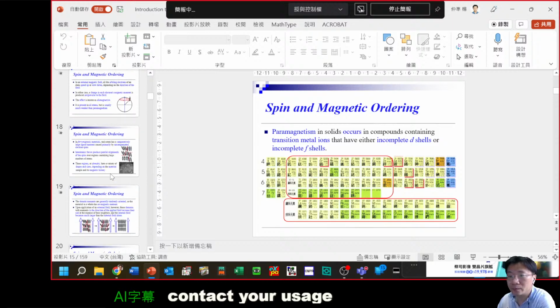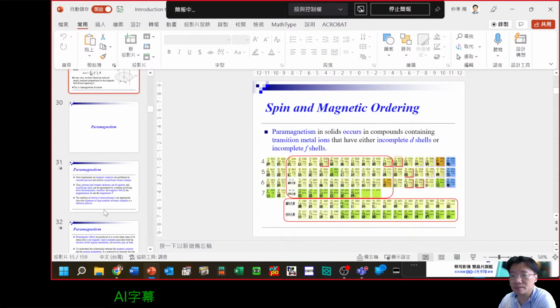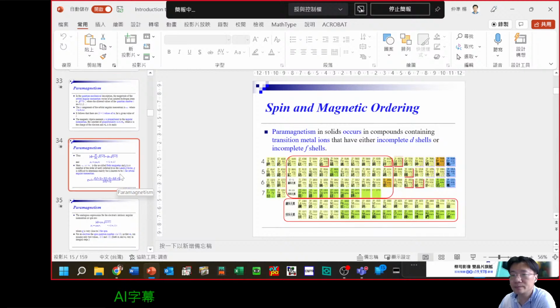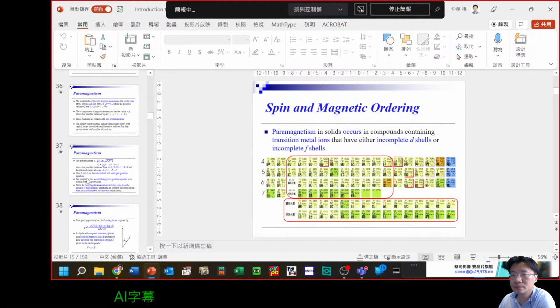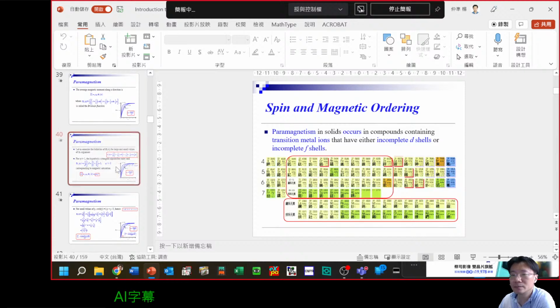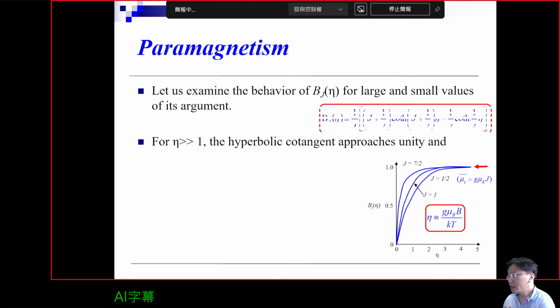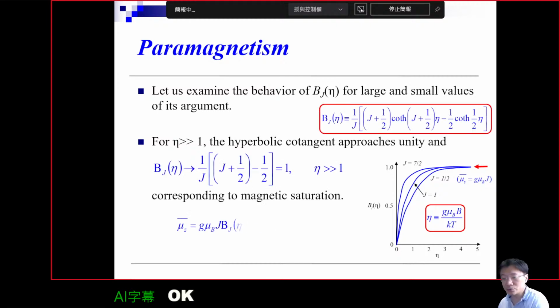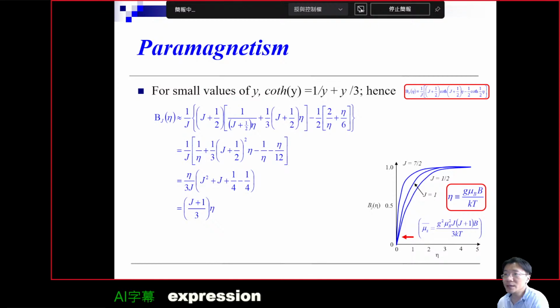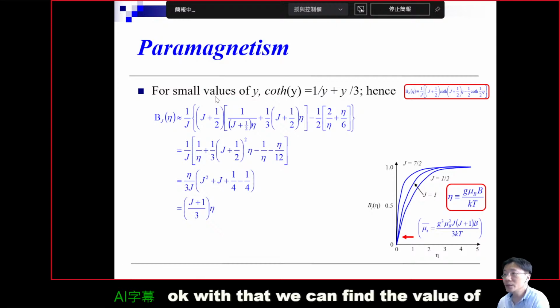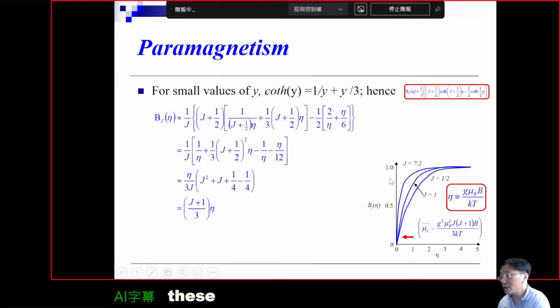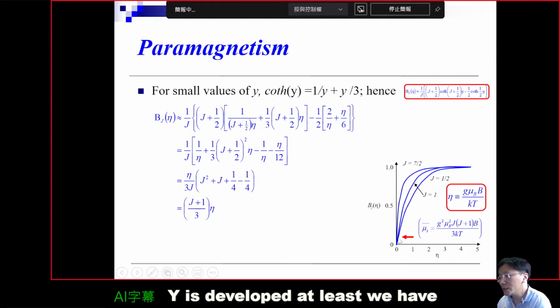Okay, let's go back to paramagnetism. This is the knowledge about the saturation magnetization. In another way, if we get a small value of y, that means y is very, very close to 0.